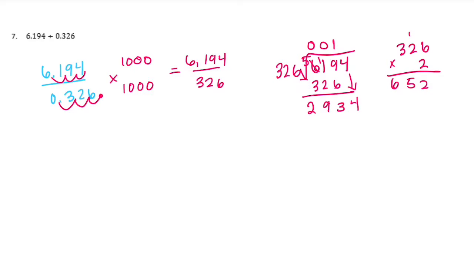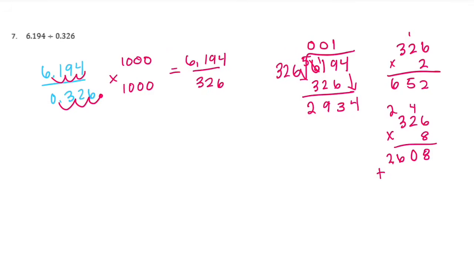So this time I think it's going to be closer to like 8 or 9 times. Let's try 8 times. 8 times 6 is 48. Carry the 4. 8 times 2 is 16, plus 4 is 20. Carry the 2. 8 times 3 is 24, plus 2 is 26.